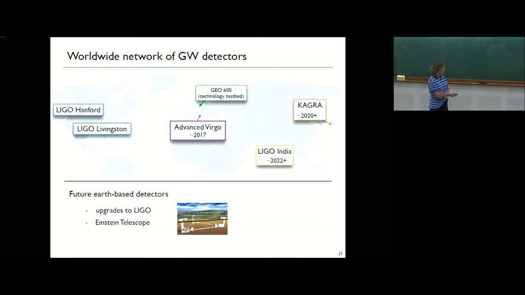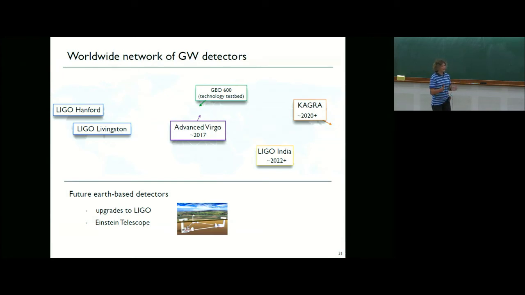Then in the future on Earth, people are talking about various upgrades to LIGO to make it much more sensitive. There are some ideas to have a 40-kilometer arm detector called the Cosmic Explorer. And in Europe, they might build what is called the Einstein Telescope, which would also be much more sensitive, about 10 times more sensitive than LIGO.